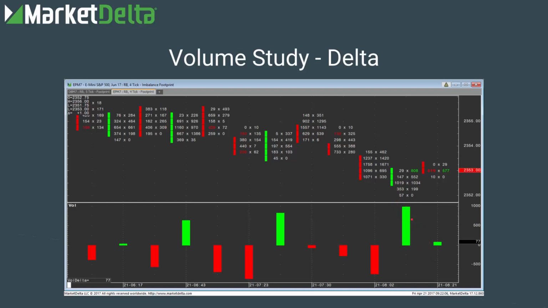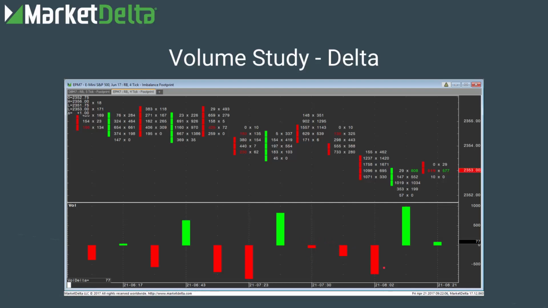Some rules of thumb, things you want to look for, especially if you're new to the product or new to the footprint and order flow concepts, is price direction. There's a high correlation of price direction with delta. So price movement down correlates to negative deltas, and price movement up correlates to positive delta.